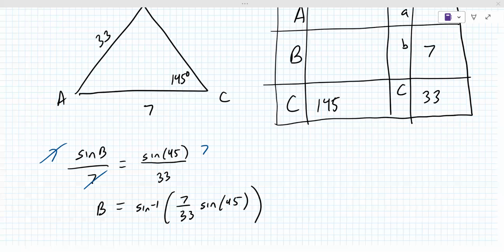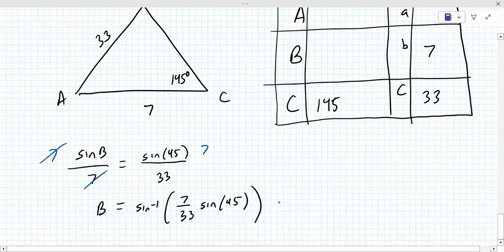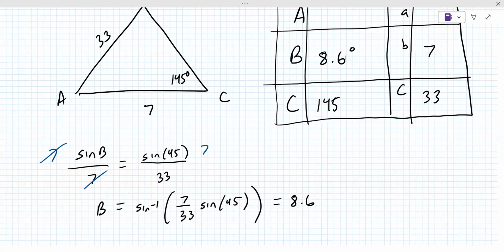So let me try this one more time. 7 over... Yes, it is 8.6. Okay. Oh, that's really odd. So I pull these from the internet, and I'm not trying to redo the calculations, but they have a mistake in their answer key.